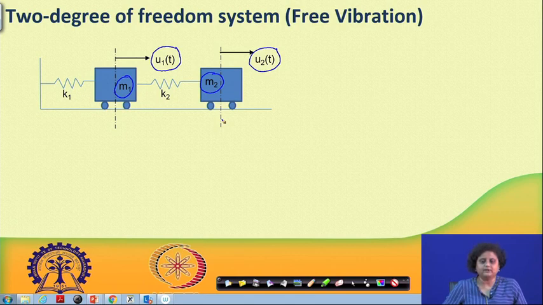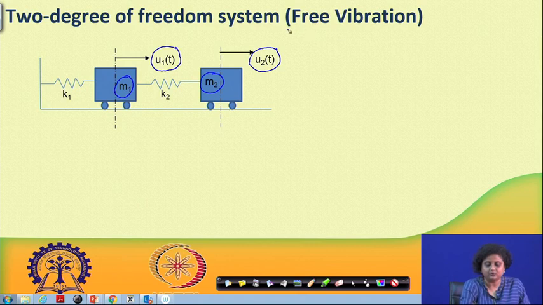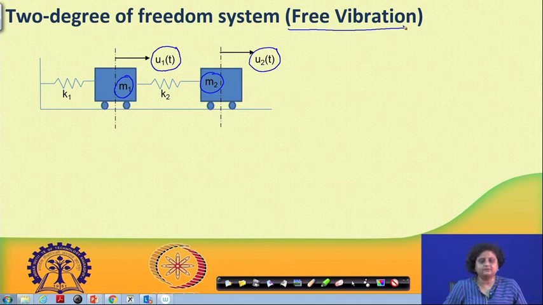To start with, I will talk only about free vibration. I am not going to go into forced vibration, and you might notice that I have not considered damping here. We will introduce damping into a multi-degree of freedom system later, but right now we have an undamped system under free vibration condition.